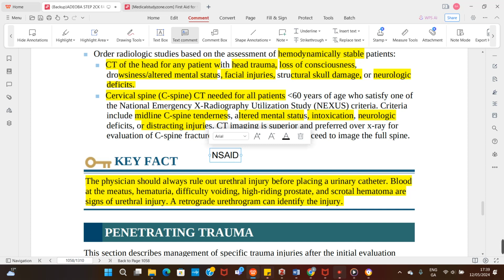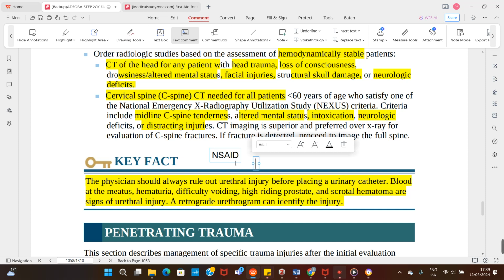Intoxication, consider cervical spine CT. The D is a distracting injury, and they must be less than 60 years. This is part of the National Emergency X-Radiography Utilization Study criteria for the need of cervical CT. So you don't do it for all the patients, right? It's only patients that meet any of these criteria.